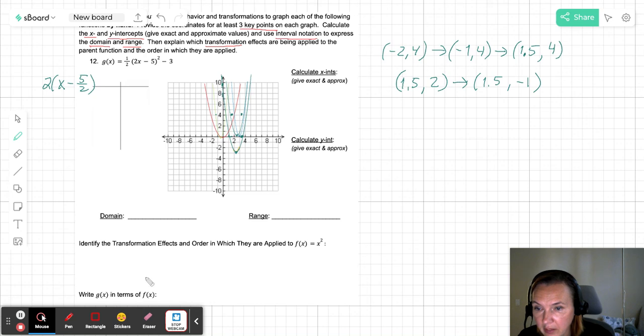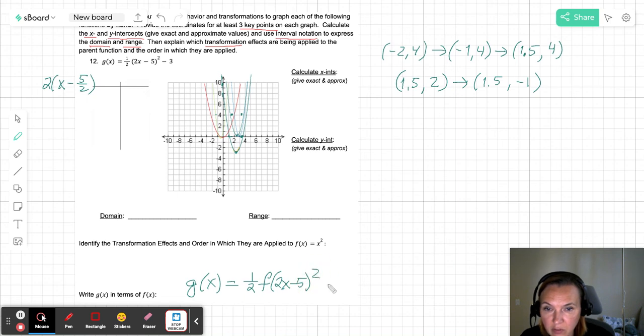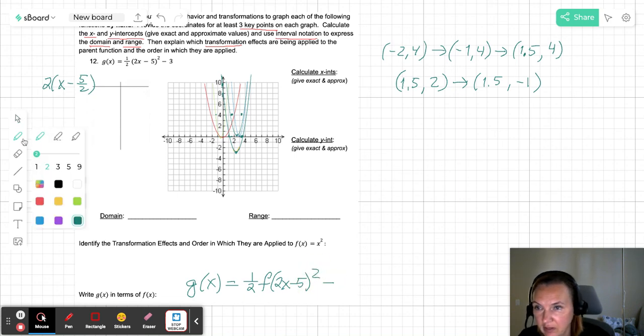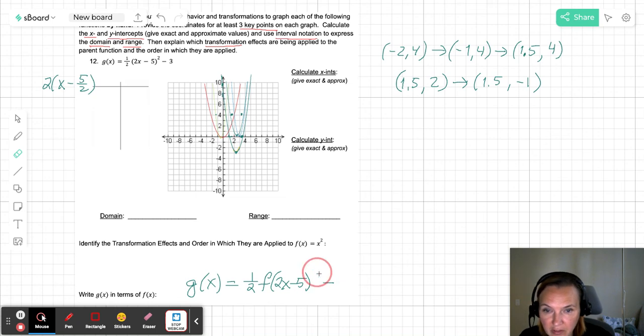And then final step here is to write g of x in terms of f of x. So what did we do with f of x? We said that we did 1/2 f of 2x minus 5, and then minus 3.